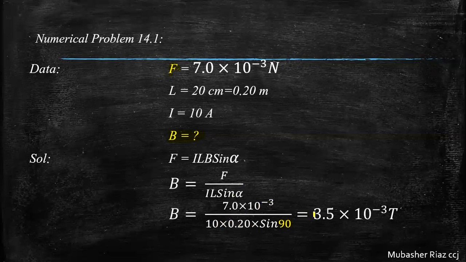Then the strength of magnetic field required for this purpose is 3.5 into 10 to the power minus 3 Tesla. So this is the strength of magnetic field required to produce the maximum force.